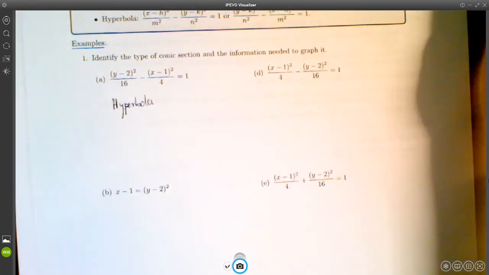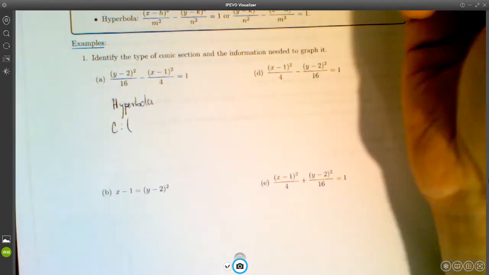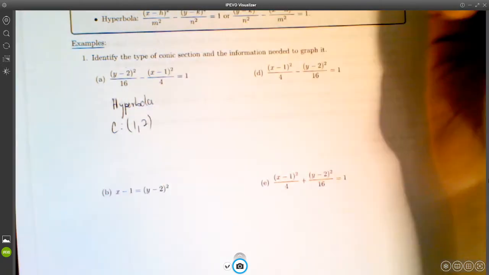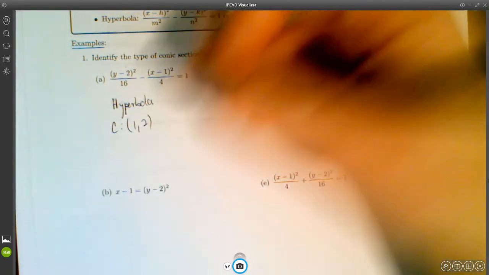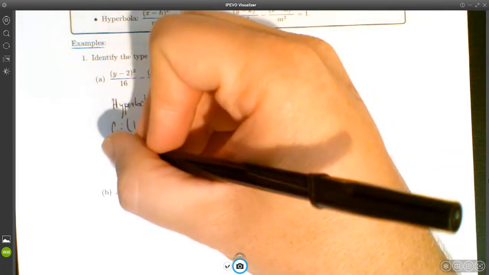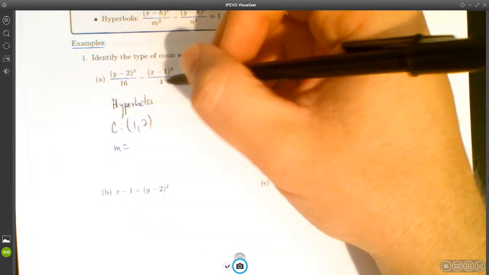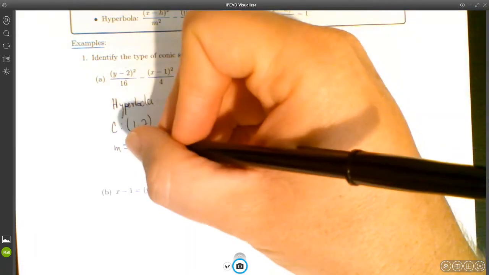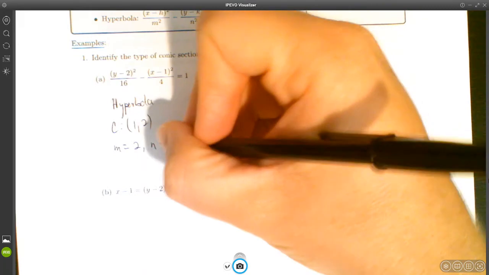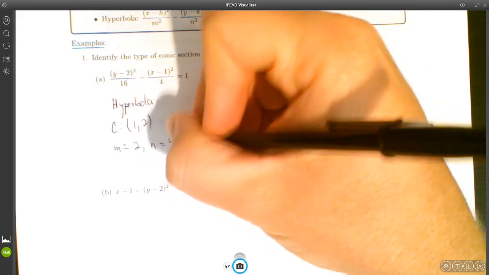Some useful information for graphing this thing would be the center of the hyperbola. The center is (1, 2). M and N also would be useful. M is always the square root of the thing you're dividing your x group by, so the square root of 4 is 2. N is the square root of what you're dividing the y group by, so the square root of 16 is 4.